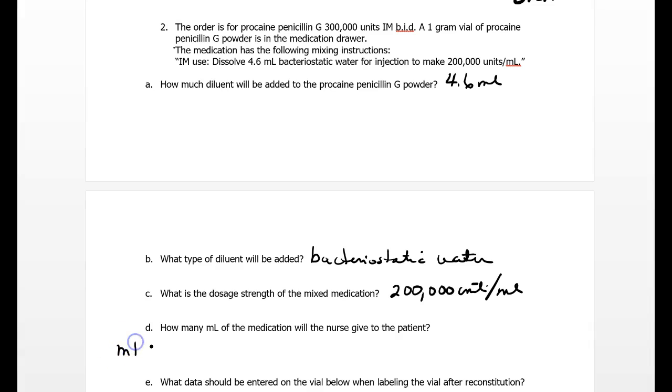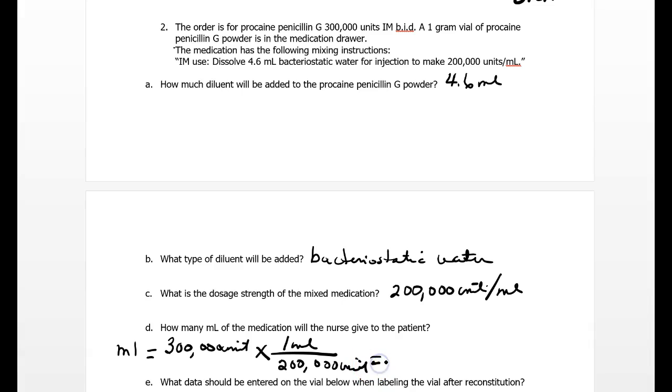We're looking for milliliters, and we want 300,000 units, and we end up with 1 mL is 200,000 units. Okay, that's all we need.